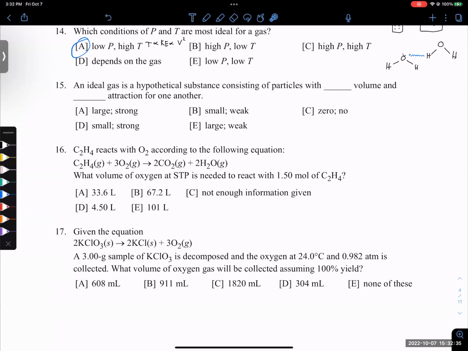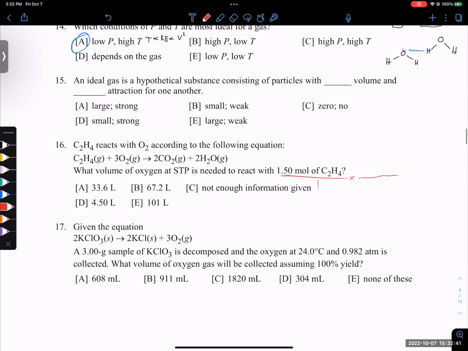Quick thing about STP, y'all will love these 3 letters when you get it on a test. If you see STP, that means you can use a specific relationship between your volume and your moles.